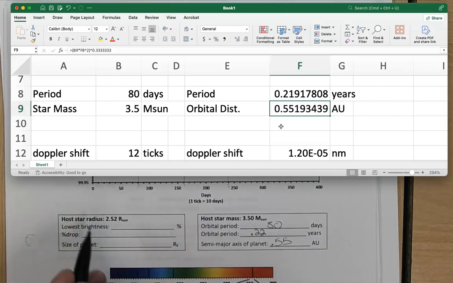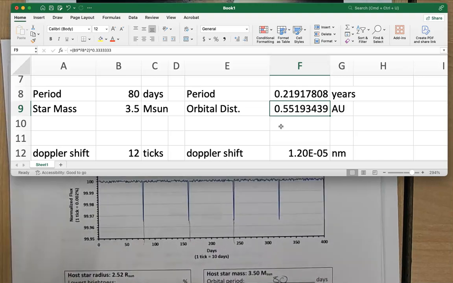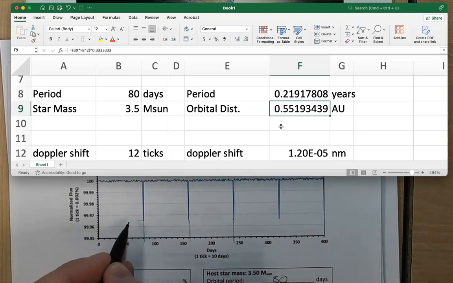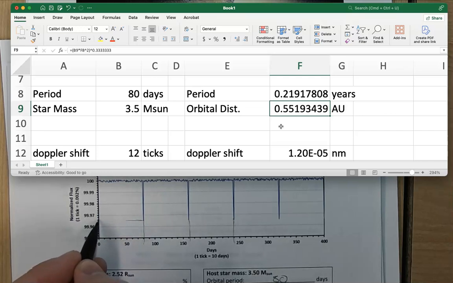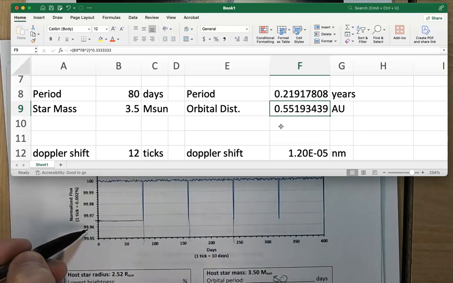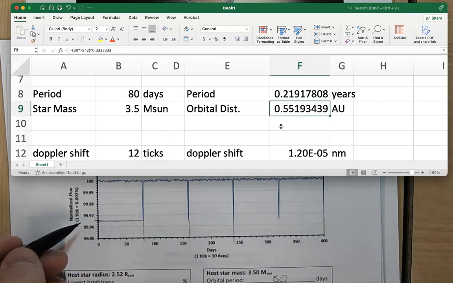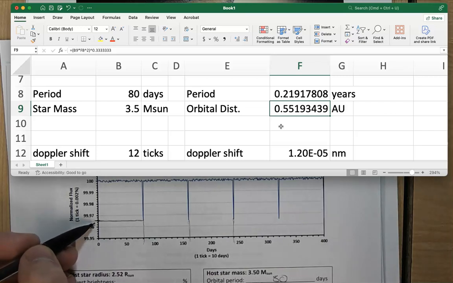Okay. What about this side, though? If the brightness dips from 100% down to, it looks like each of these tick marks is 0.002, so 99.966%.